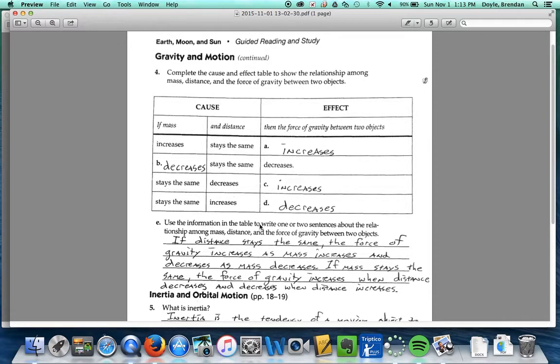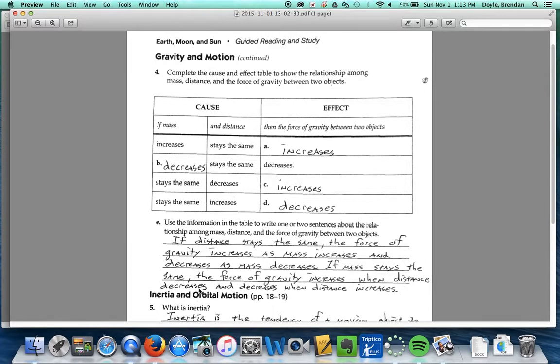E. Use the information in the table to write 1 or 2 sentences about the relationship among mass, distance, and the force of gravity between objects. So this is basically right here our learning target. So this is what I wrote. If distance stays the same, the force of gravity increases as mass increases and decreases as mass decreases.